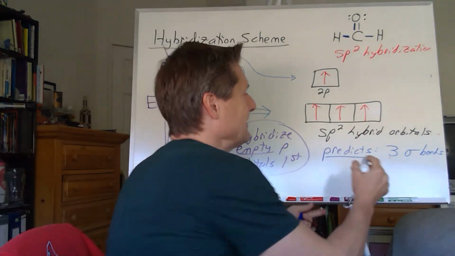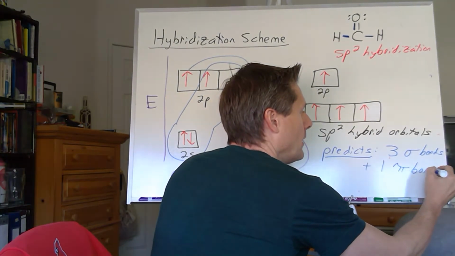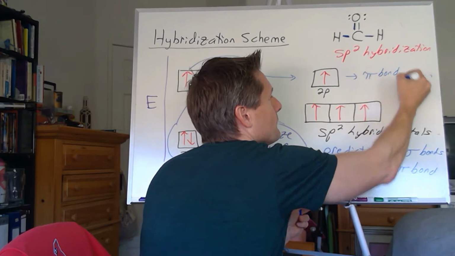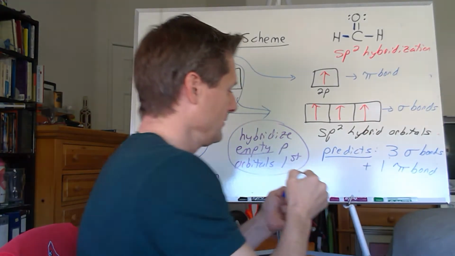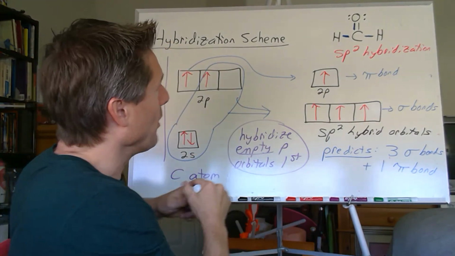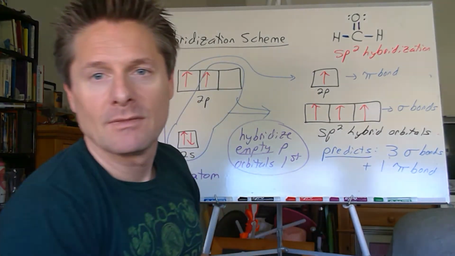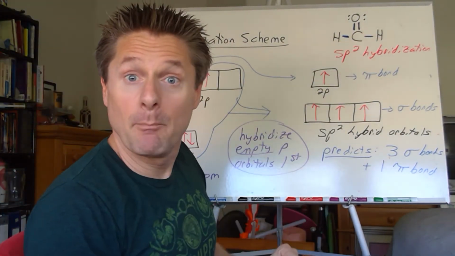And then this predicts +1 pi bond. So that's the pi bond. Those are your sigma bonds. So let's do the pi bonds, say, in purple. There's your pi bond. So sigma, sigma, sigma, pi.